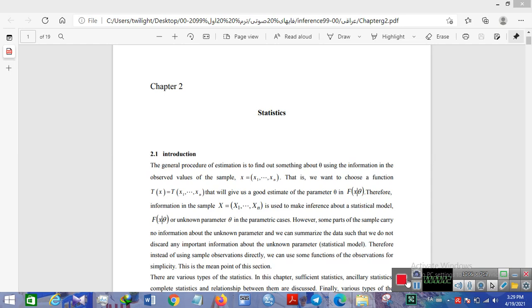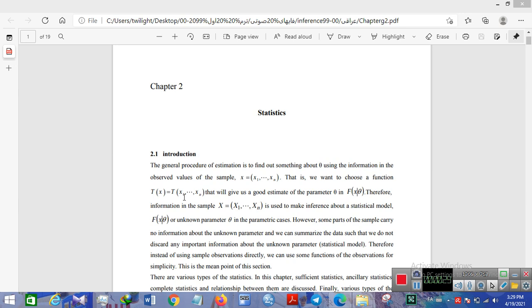In this chapter we talk about statistics. A statistic is a function of the observations x1 and x2. Suppose x equals x1 to xn is the observed value of the sample X1 to Xn.